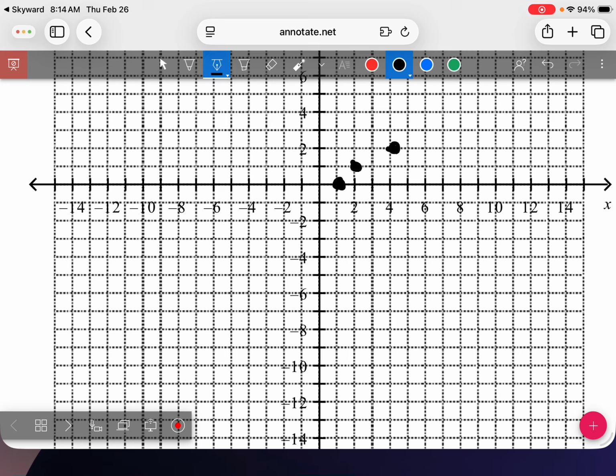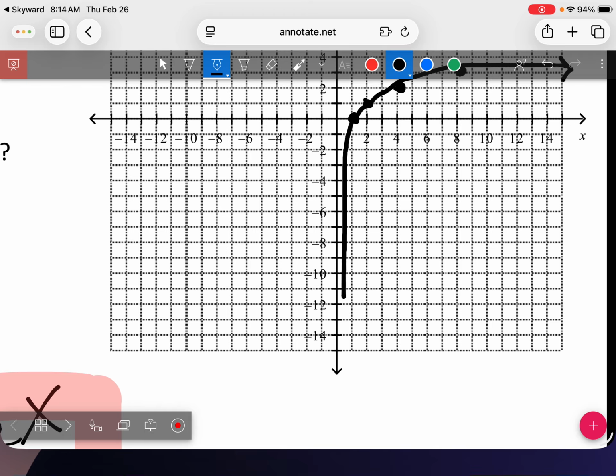Now remember, when you are graphing the parent, don't go past the y-axis. You're going to get really close, but you're not going to pass it.